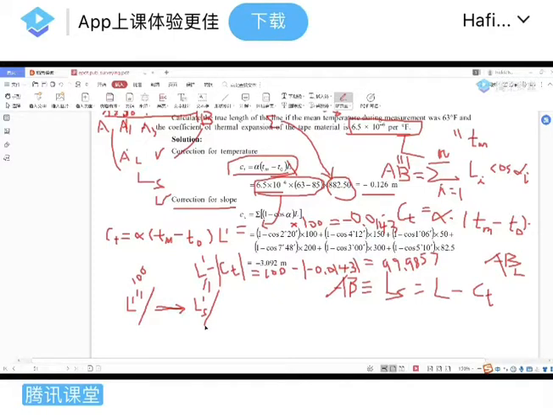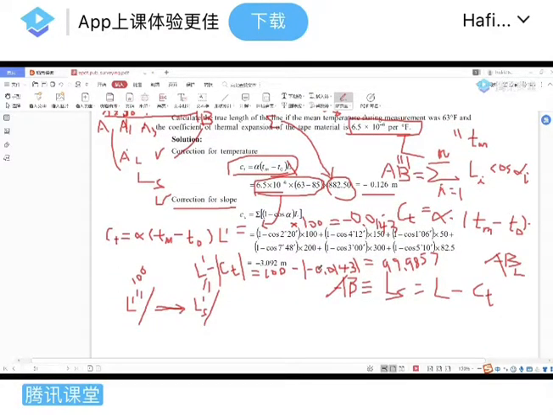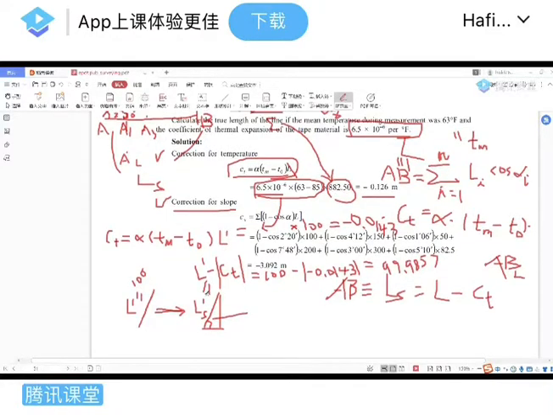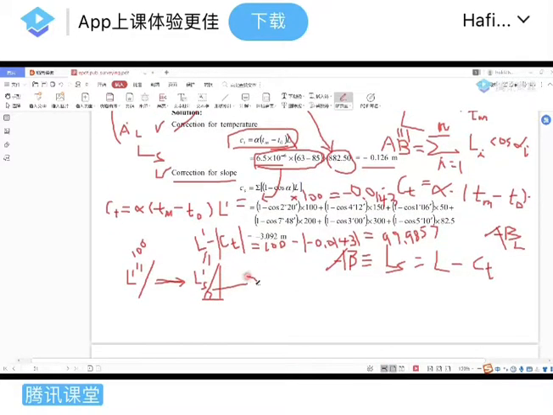Now, the second approach. The second one is to correct the slope. So you correct the LOS already. You correct 100 to the standard, and now you correct the slope. The slope correction, and this angle is 2 degrees 20 seconds.